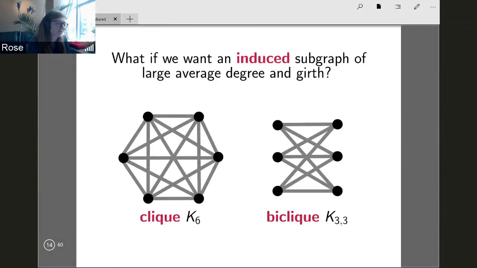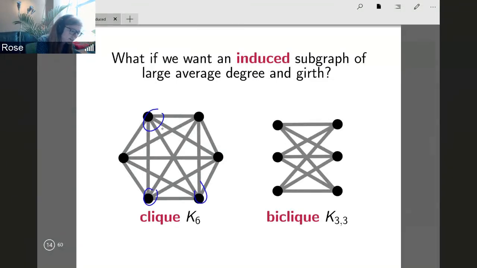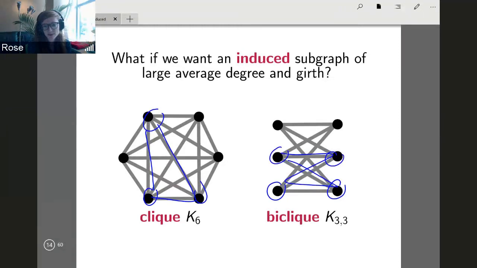Any reasonably dense subgraph of a clique has a triangle, and any reasonably dense induced subgraph of a complete bipartite graph, or a biclique, has a 4-cycle. So these are obstructions. You can't find induced subgraphs of a clique or a biclique with large girth and large average degree.